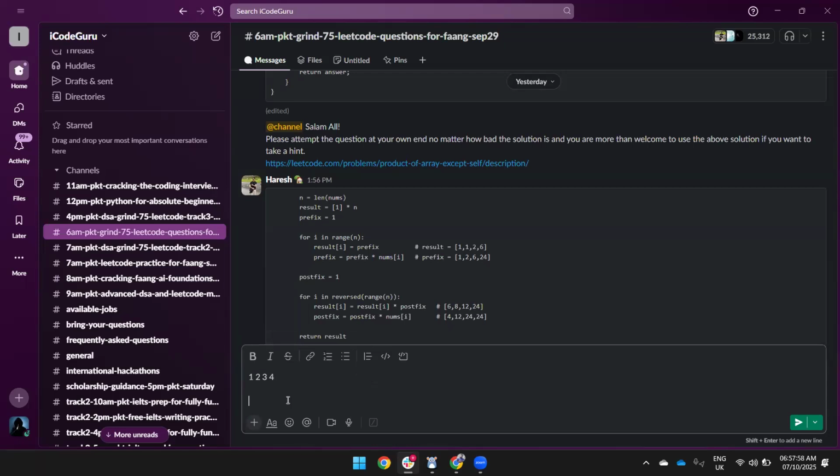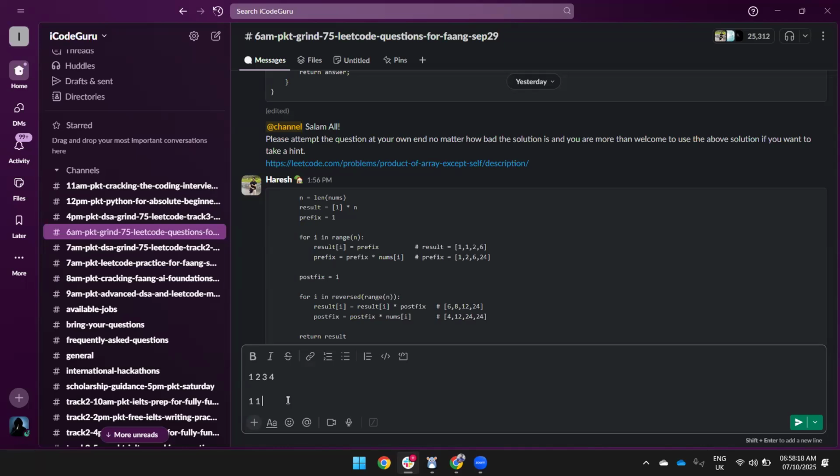We take the first element as 1, and the next element we skip and take it as 1, because its previous element is already 1.